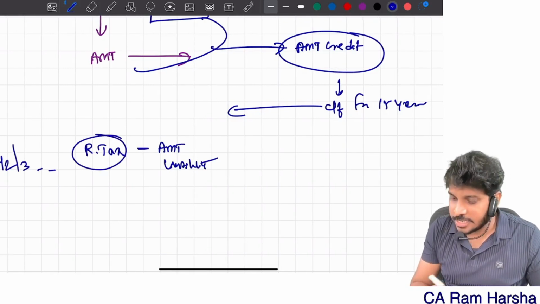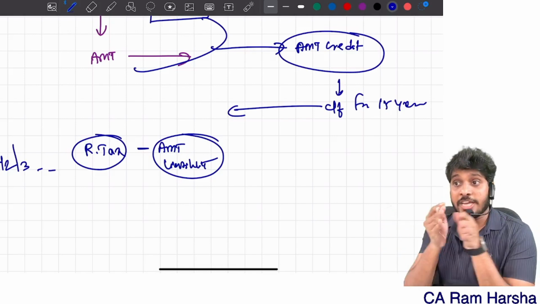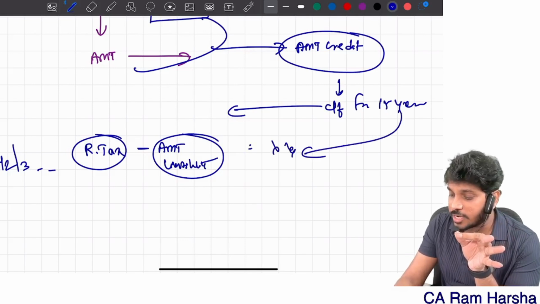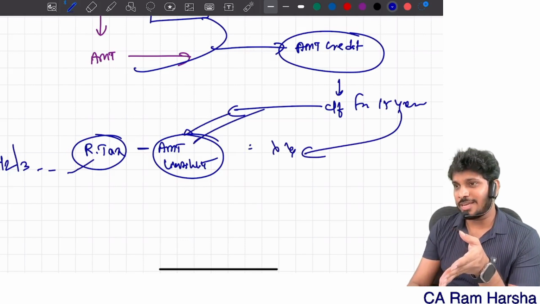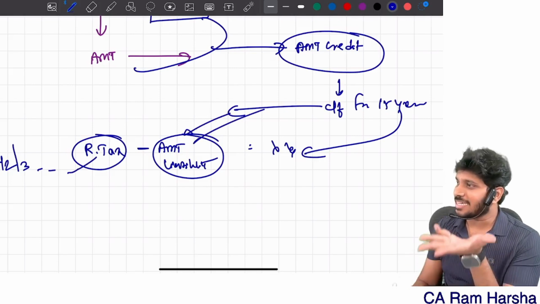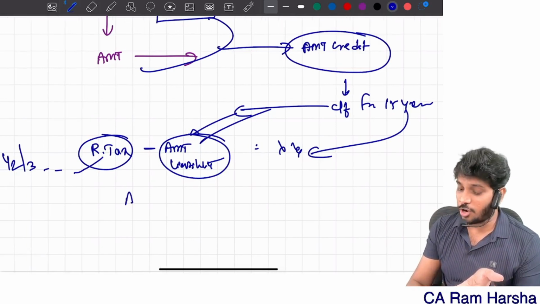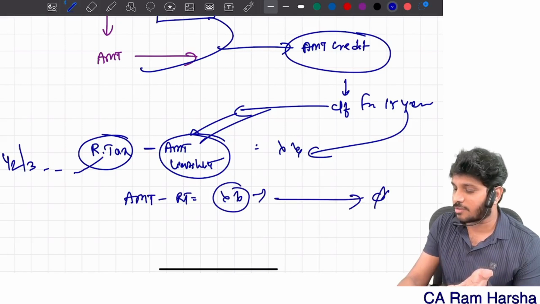Calculate regular tax. Calculate AMT in that year also. Beyond AMT, how much extra regular tax are you getting? If something positive is there, then only you can set off with this. Sir, in second year also my AMT is higher than regular tax. Which means in second year also AMT only is applicable to me. Then what do you do? The AMT minus regular tax amount, that you will carry forward for another 15 years.